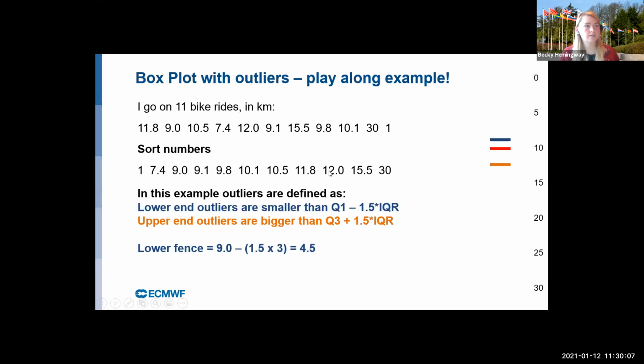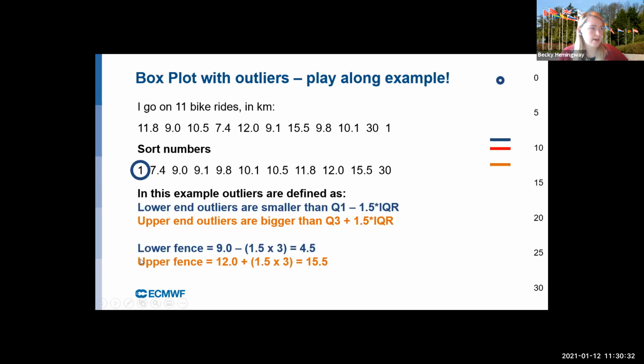Now, what you can see in our sorted numbers is that we have 1, which is lower than 4.5. Therefore, that is a lower outlier. We draw outliers with little circles. In box plots, we don't put them as lines, they are little circles. You can have many of them. In this case, we've got 1, but you can have as many as required.